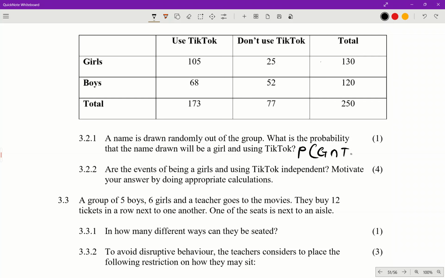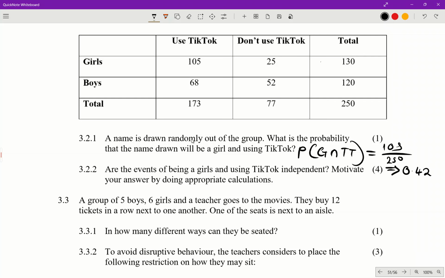So girl and TikTok, I'm just going to designate it like that. So it would be the girls using TikTok over the overall total. That's 105 over 250. So 105 divided by 250 is 0.42 there.